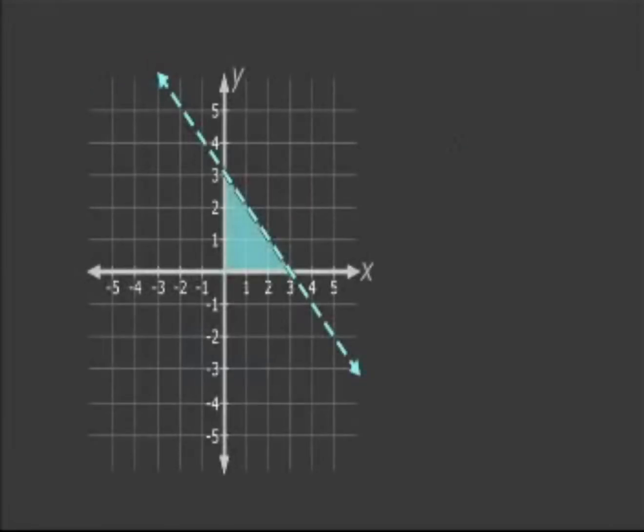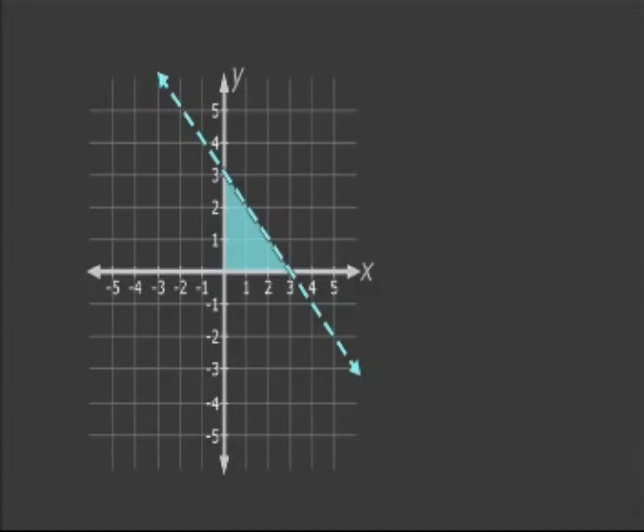Now we draw all 3 graphs on the same coordinate system, coloring in only the intersection of the 3 regions. The results look like this.